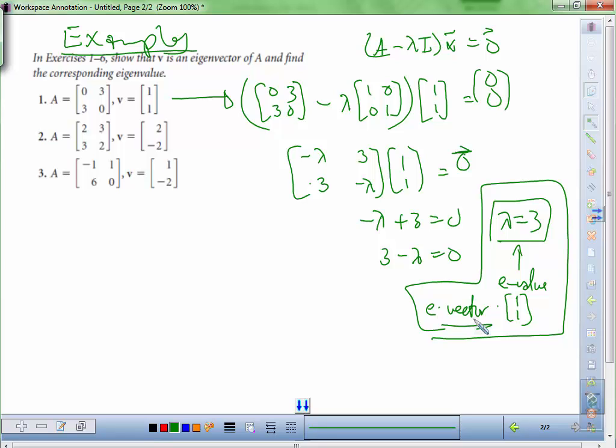In this case, they're only looking for the eigenvalue. So, is that clear? Pretty straightforward.